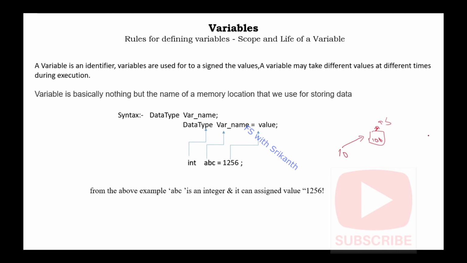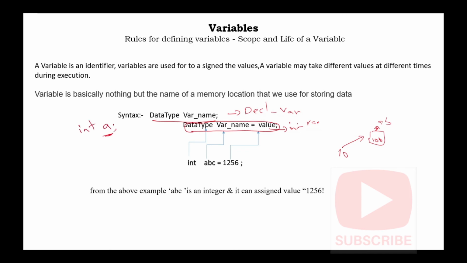How can you declare variables? We can declare variables in 2 ways. Totally we have 2 syntaxes: one is declaring only, and the other is declaring and initializing a variable. What is the difference between declaring and initializing? Suppose I am using int a.